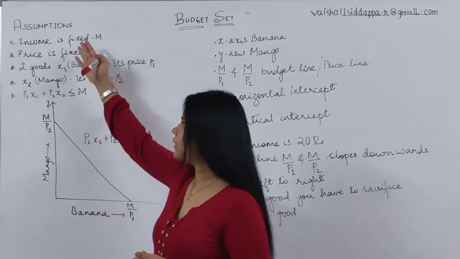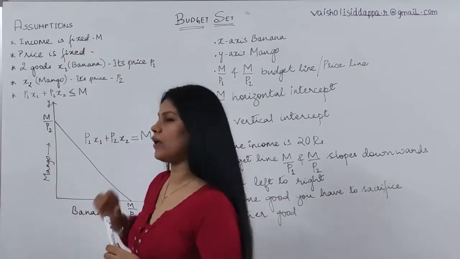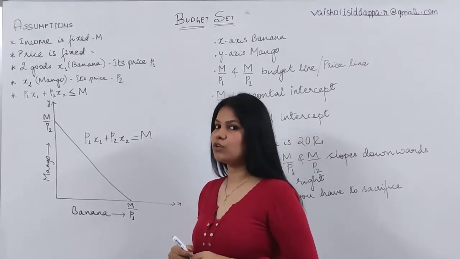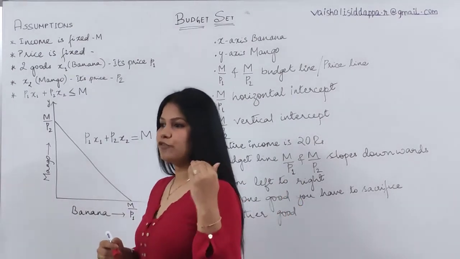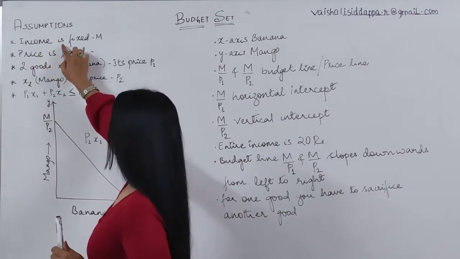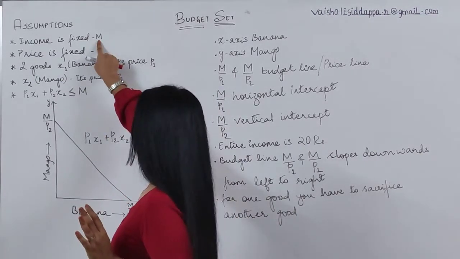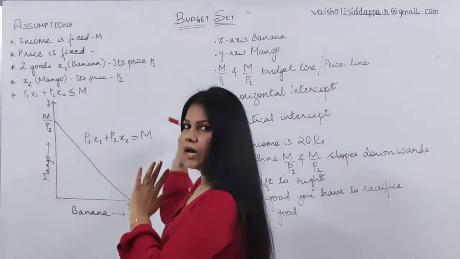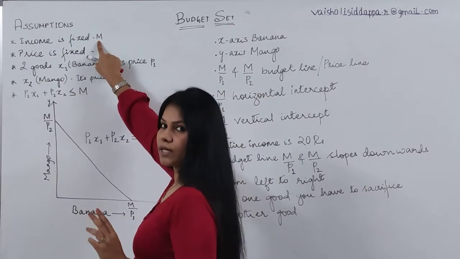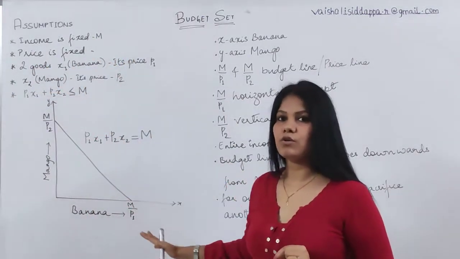So we'll start with the assumptions. Budget assumption starts with the income being fixed. As I said in the previous video, the income was limited. The income was 40 rupees, but as of now we have taken 20 rupees. Income is fixed, and it is denoted by M. Anywhere in the theory, if I talk about income, I'll be talking about M. Price is also fixed throughout this whole theory.